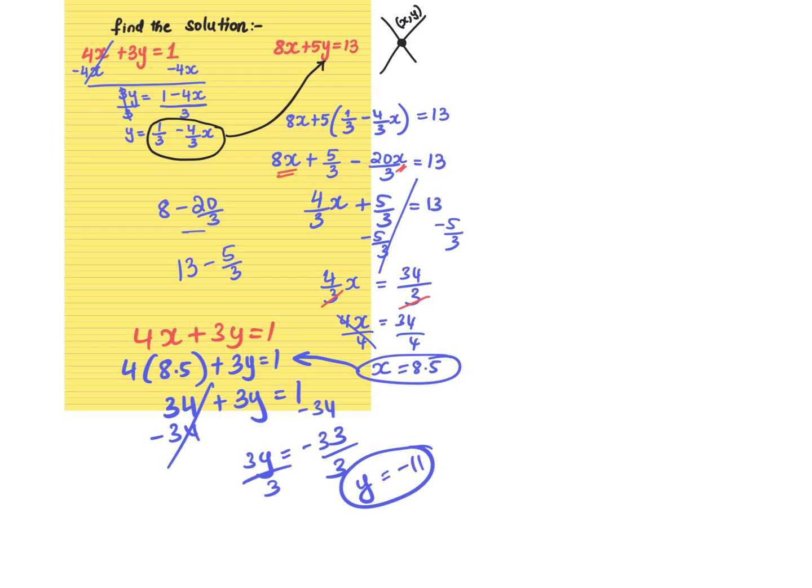So I got negative 11. So finally your solution is x comma y, which is nothing but 8.5 comma minus 11.